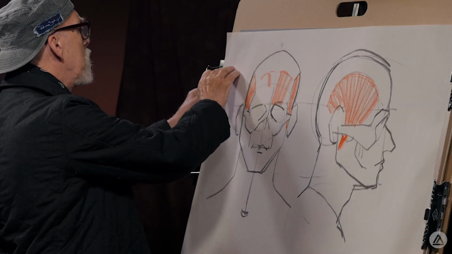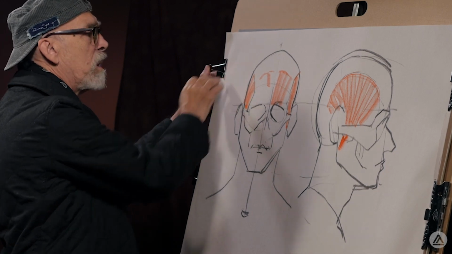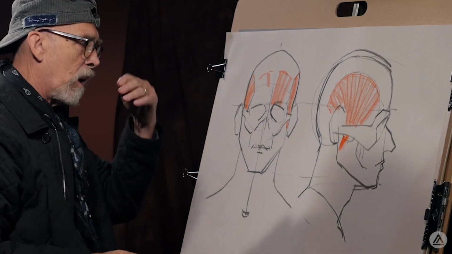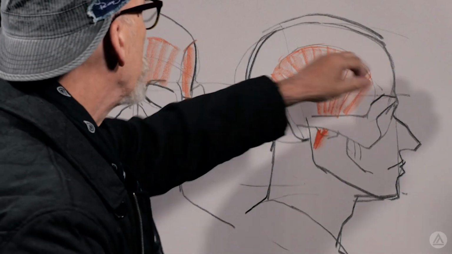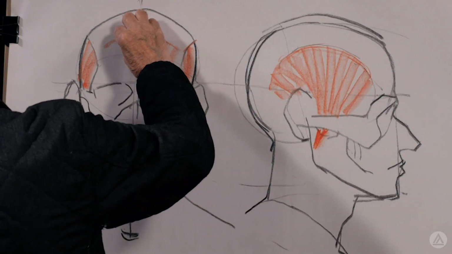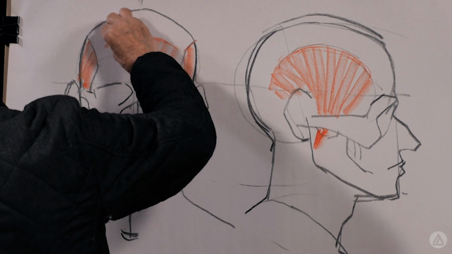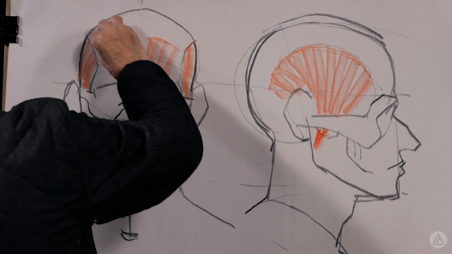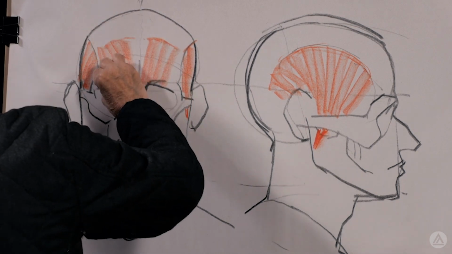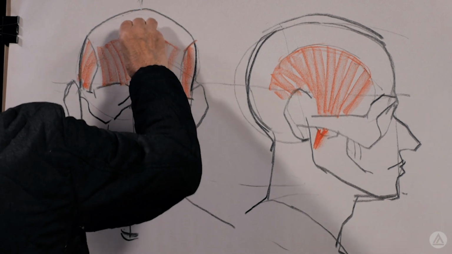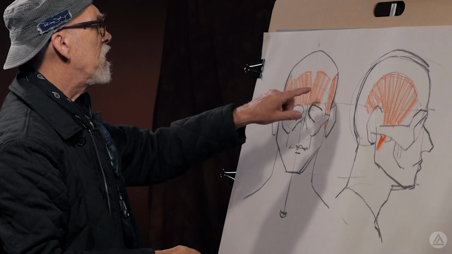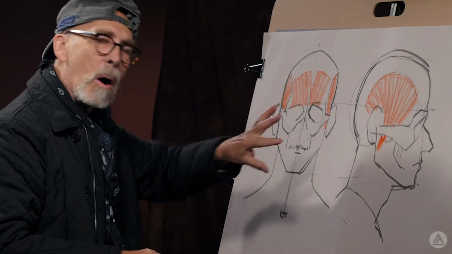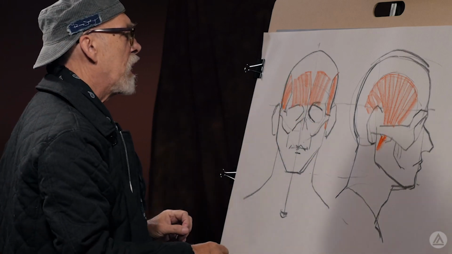This muscle is the muscle that makes it possible for us to lift our brow, which creates wrinkles across the front of the brow. And we are bilateral, so everything that happens on the one side also happens pretty much the same on the other.